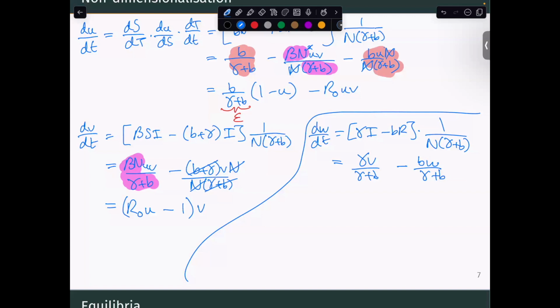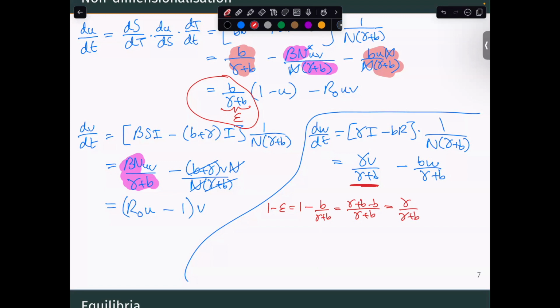So what do we have here? Well, note that we have this first term here is v times 1 minus epsilon. So we defined our epsilon up here. If we do 1 minus epsilon, that's going to be 1 minus b over gamma plus b, which is going to be gamma plus b minus b over gamma plus b, which is just gamma over gamma plus b.